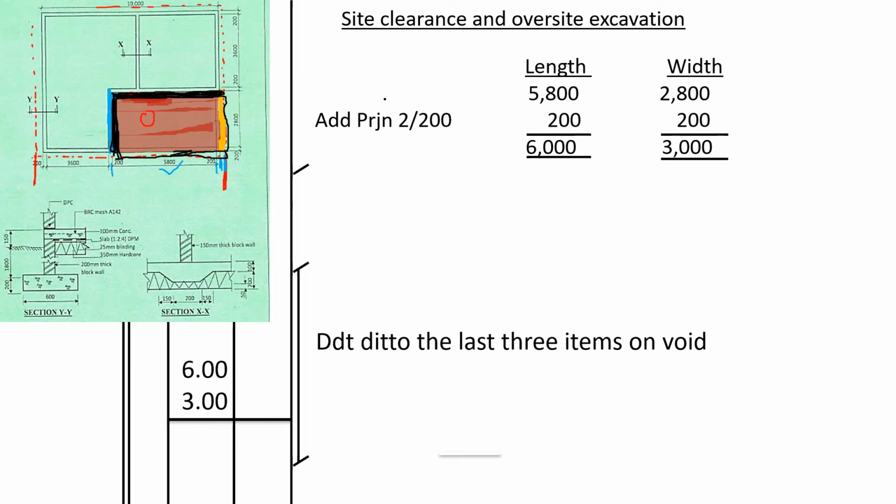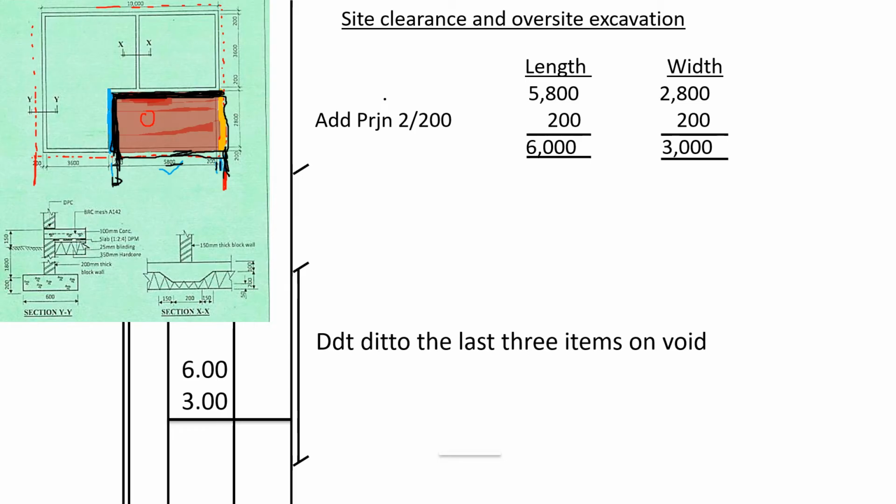So from here up to here, what is the dimensions? We shall take 5800, we deduct 200 for the spread over here, so 5800 minus 200 is 5600, plus 200 for the thickness of the wall, we get 5800 plus the spread 200.